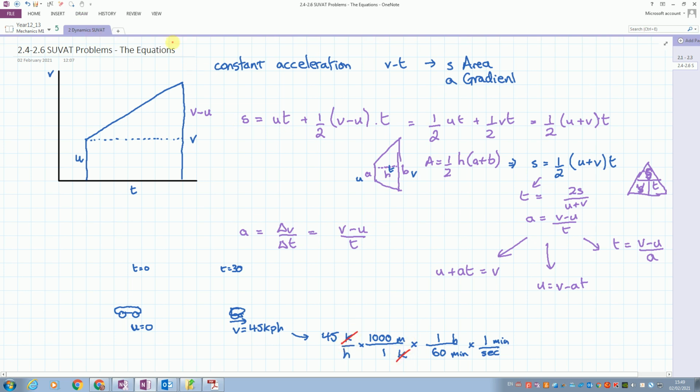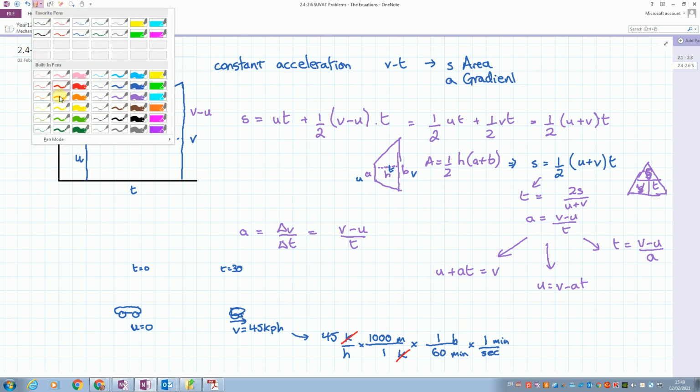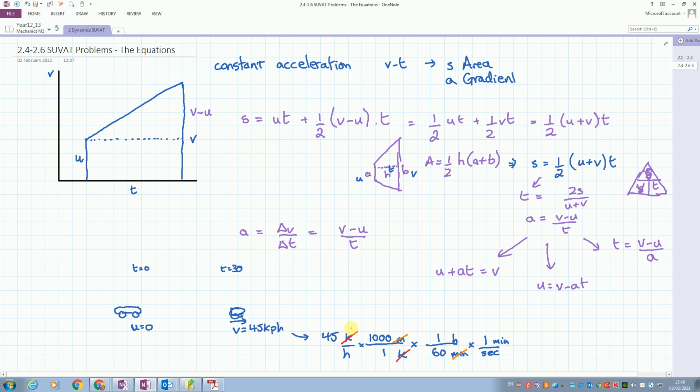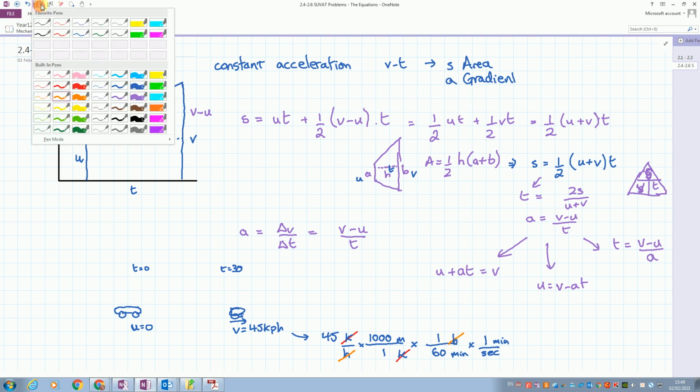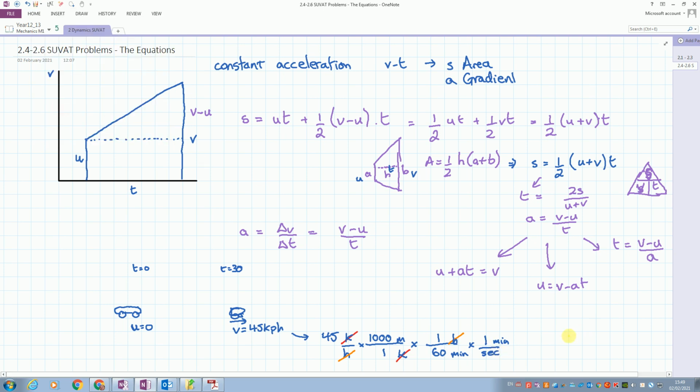Dividing by 3.6 effectively gives me 12.5 meters per second. So that's a converted unit.